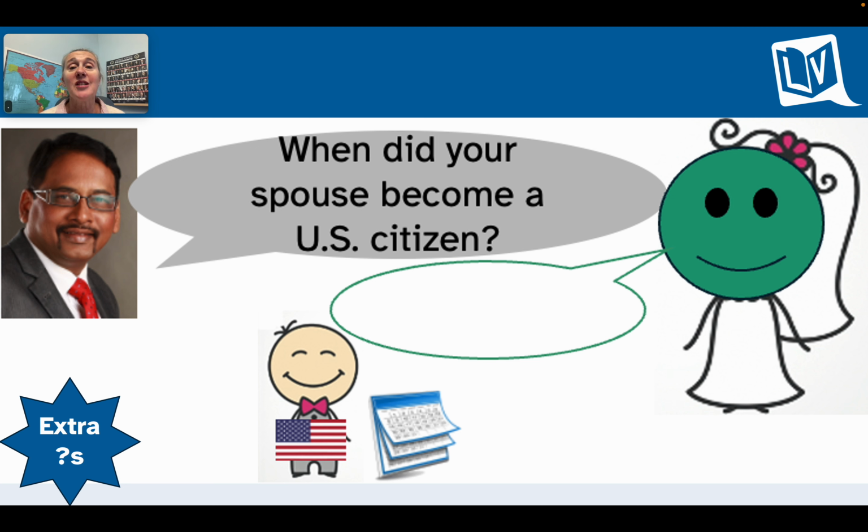If your spouse naturalized, they took the citizenship test maybe 5 years ago or 10 years ago. When did your spouse become a U.S. citizen? Then you would need to at least say the year. Hopefully, you could say the month, the day, and the year, but at least you need to know the year when your spouse became a U.S. citizen.